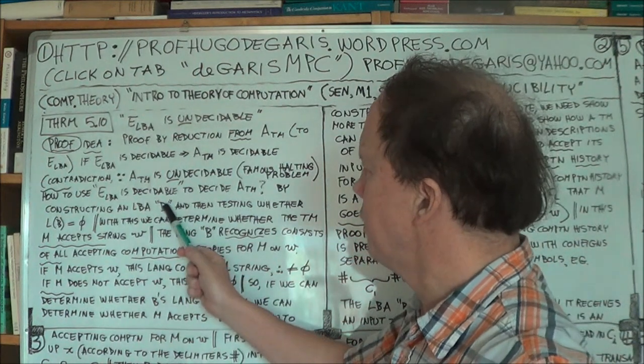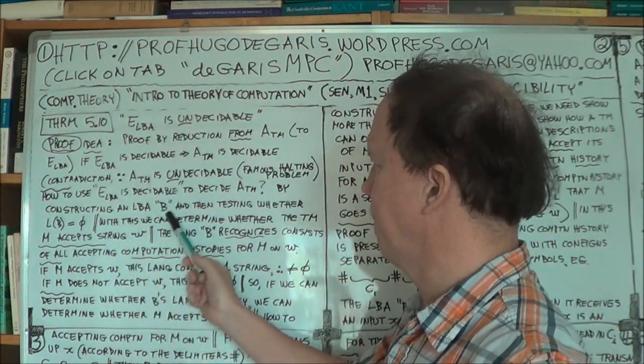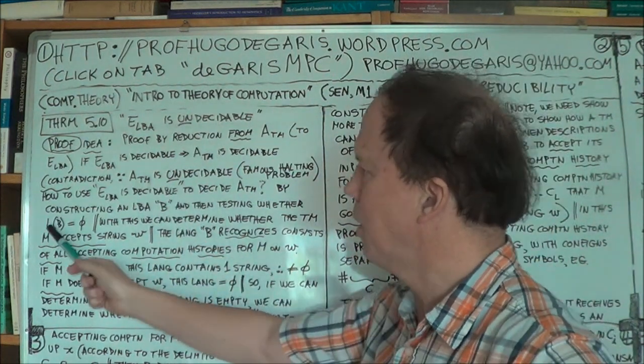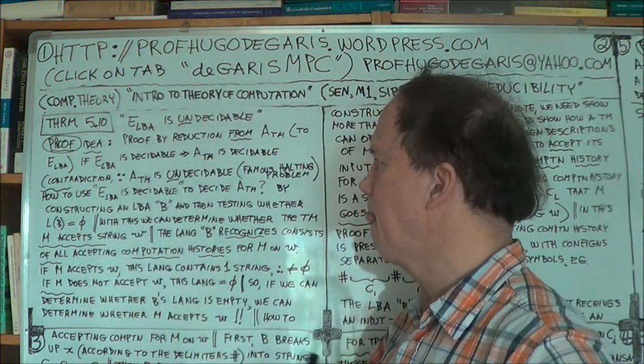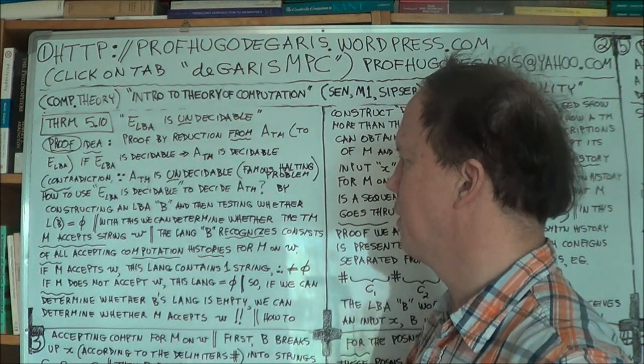If we have this machine and its corresponding language, we can test whether that language is the empty language. So what does B actually do?